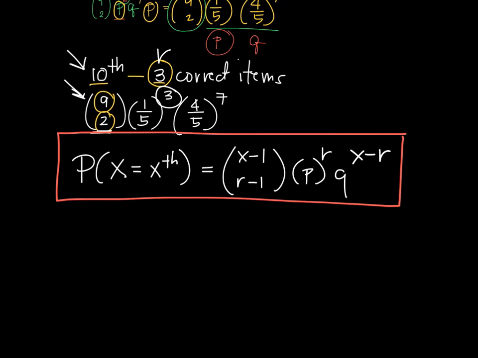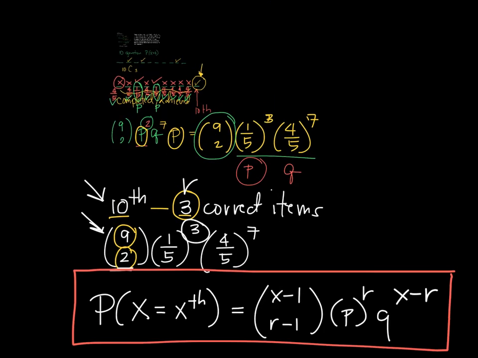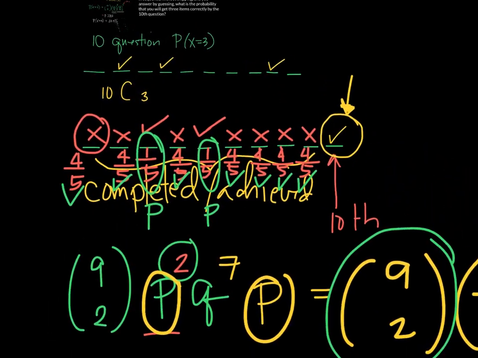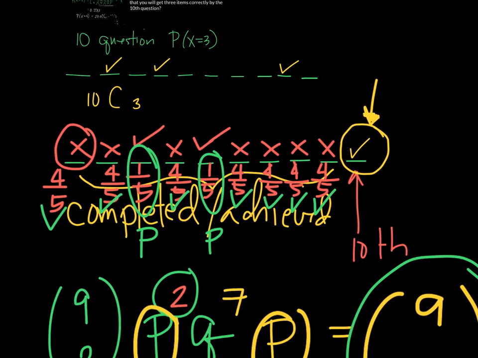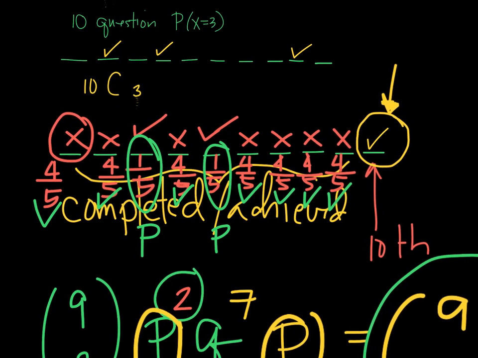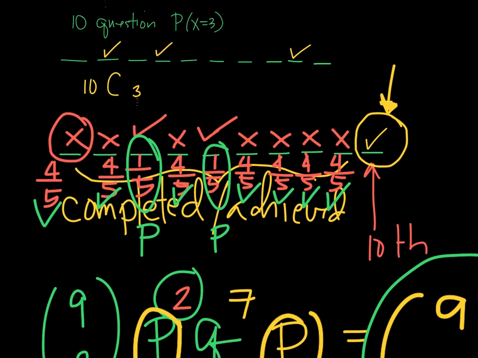So this is the formula that you can use in finding the probability of a negative binomial distribution. But although there is a formula to solve for it, what I want you to understand is how I was able to get the answer by just plotting all the possible cases that 3 items will happen. And that is, if we fix the 10th to have a correct answer, that's already one of the successes.